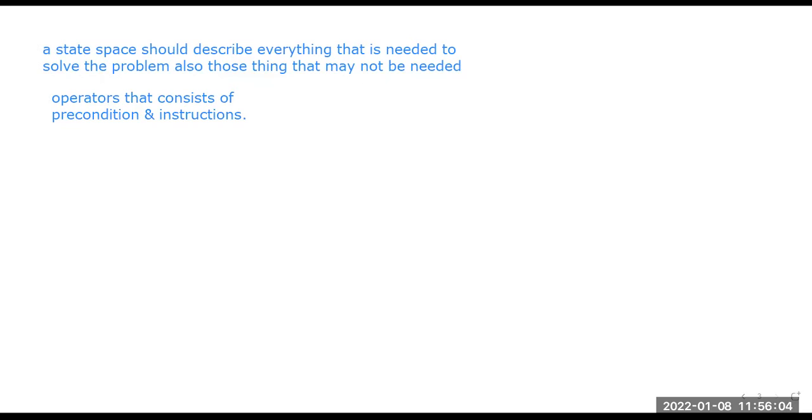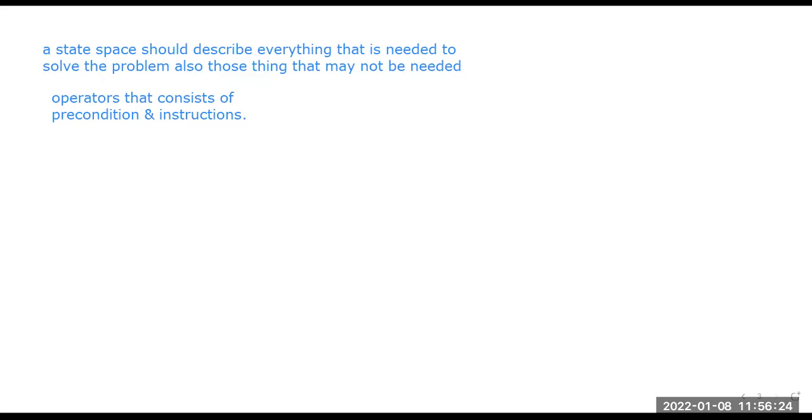It provides a partial description of the state of the world that must be true in order to perform the action. So whatever action we are going to perform should be part of this precondition.